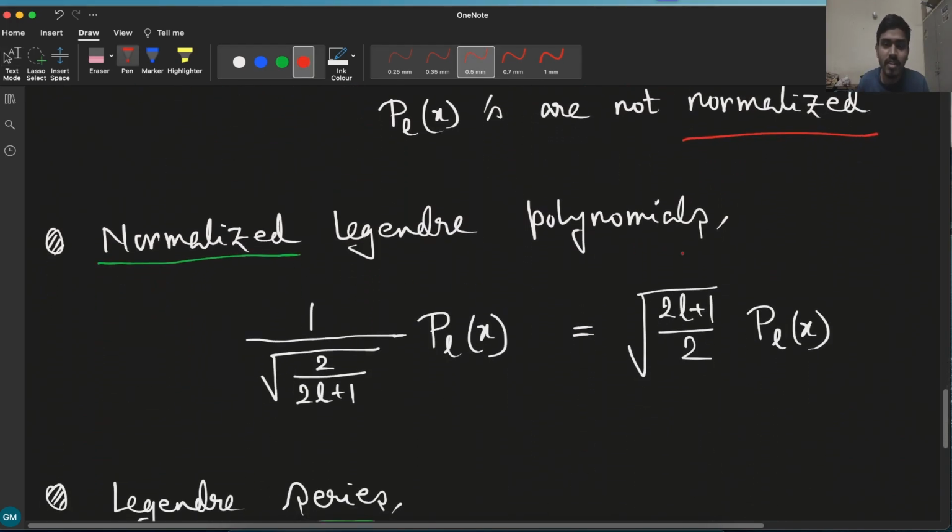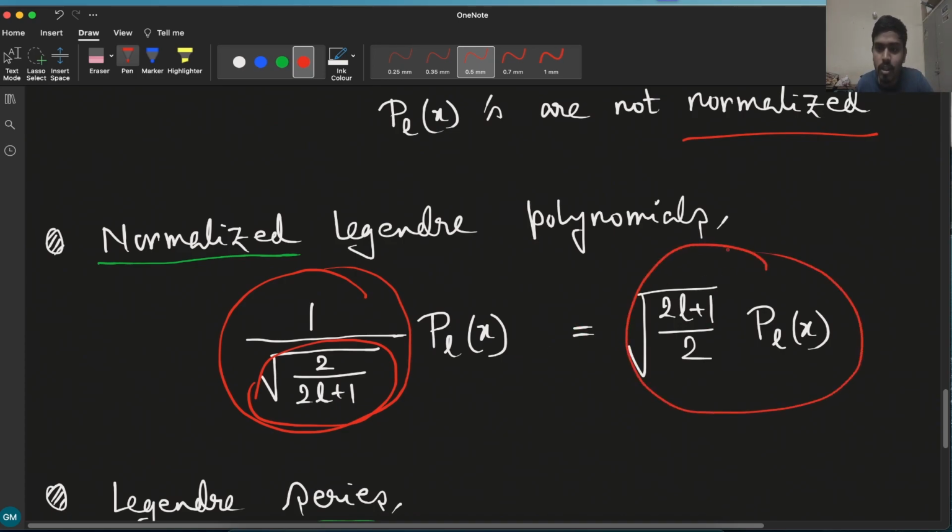So to normalize the Legendre polynomials, we divide the Legendre polynomial by the square root of the mod square term. This is what we call the normalized Legendre polynomials.